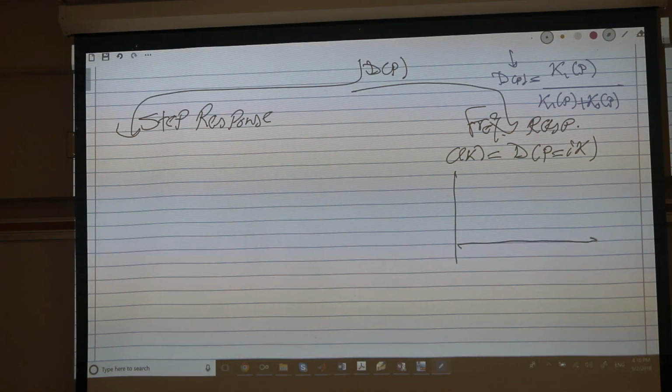In the frequency domain, the magnitude of C of K starts with unity and saturates at 1/2. The phase starts with 0, of course, and then comes back. This is K, and this is the phase.